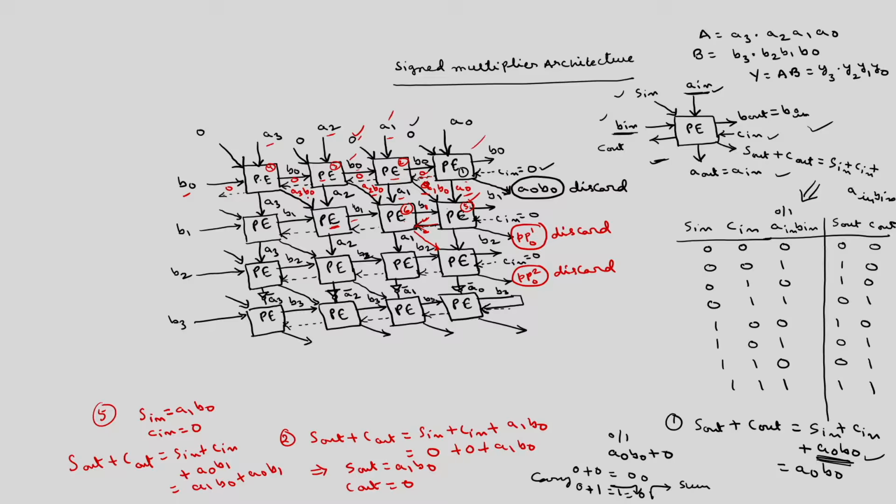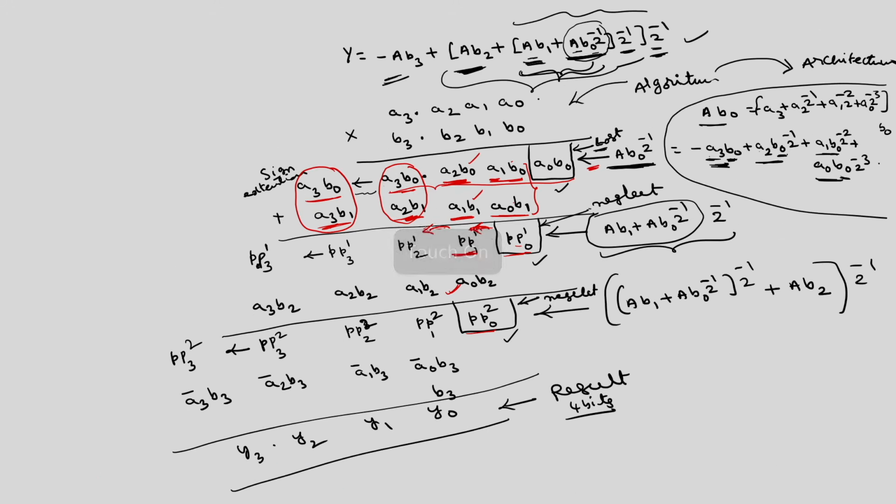Anyhow, we are adding this A3 B0 in this processing element with A2 and correspondingly B1. The output of this processing element is A3 B0. So, in this processing element what addition will be performed? A3 B0 plus A2 B1, of course, the carry from the previous stage also. The other one is A3 B0, we have to also add with A3 B1, right.